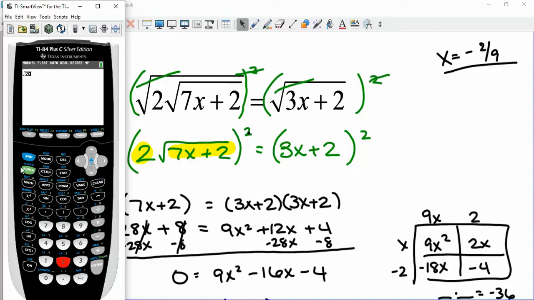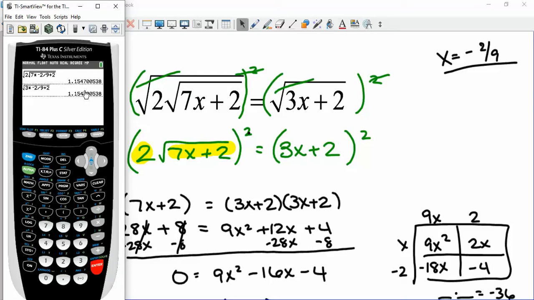So we had the square root of 2 times the square root of 7 times negative 2/9 plus 2. And I get a beautiful decimal, so I'm going to plug in the other side. Square root of 3 times negative 2/9 plus 2. And I get the same decimal.